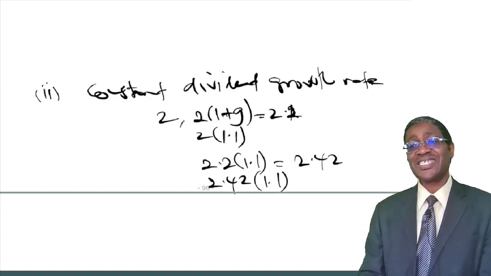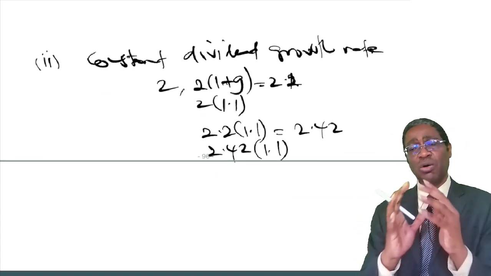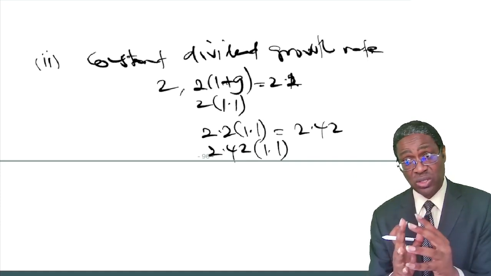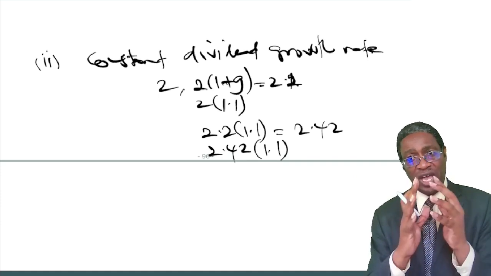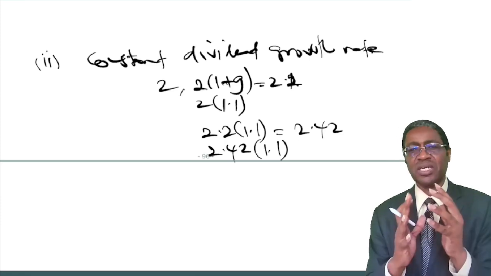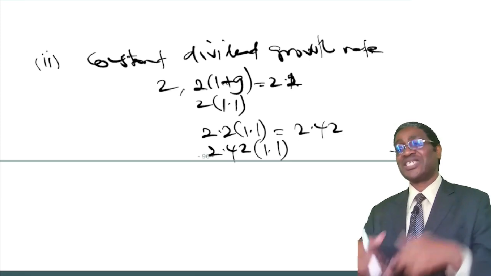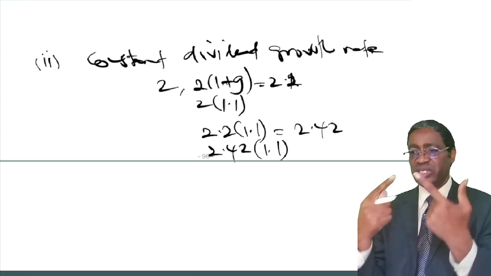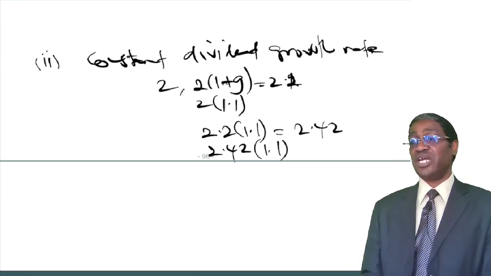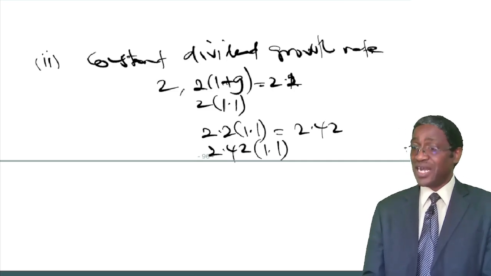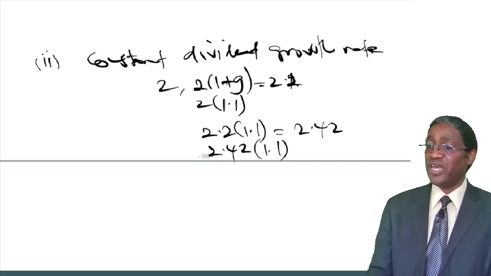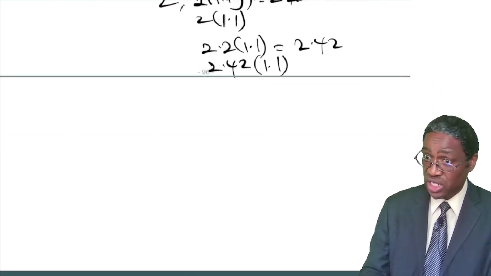Listen, that is the second category of the dividends according to Gordon, where there is a constant dividend growth, 10% every year. Every time the dividends keep growing by 10%. That is the second category of the ordinary shares.